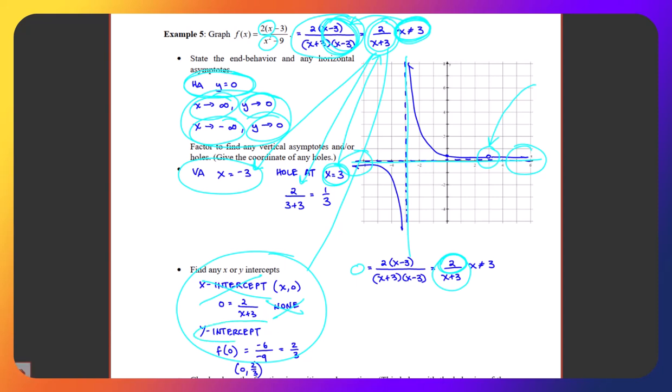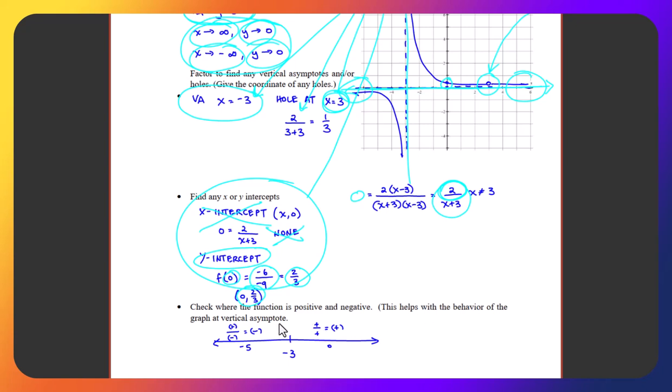To find the y-intercept, we let x equal 0 into the reduced portion, and sure enough, we get a number, 2/3. So at x equals 0, y is 2/3. We have a y-intercept and no x-intercept. Obviously, there's no x-intercept because the horizontal asymptote is y equals 0, the x-axis. You don't touch that.